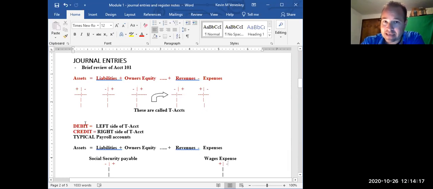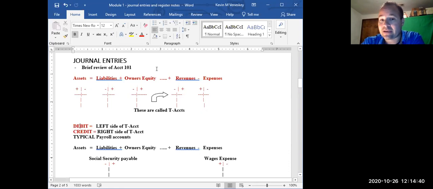You'll hear me talk about debits and credits quite a bit, so we have to know these terms. The debit is the left side of the T account, whereas the credit is the right side of the T account. Debit does not mean plus or minus. Now, you might say, oh, well, debit, it's on the left side, so it's a plus. That's true. But as a liability, the debit is a negative. It's a minus.